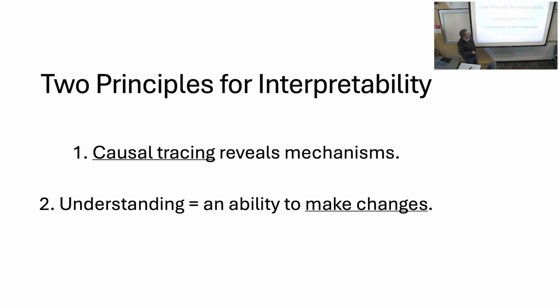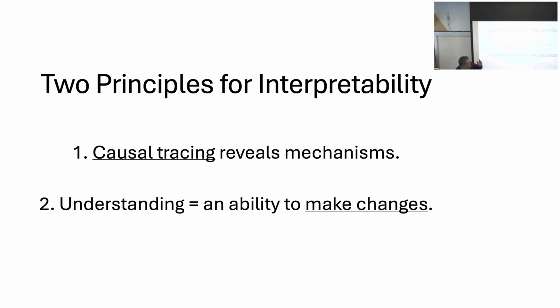So the idea is to do causal tracing, to use causality to trace the calculations through the network, to try to get an insight into not only what information is there, but what information is being used to determine the output.